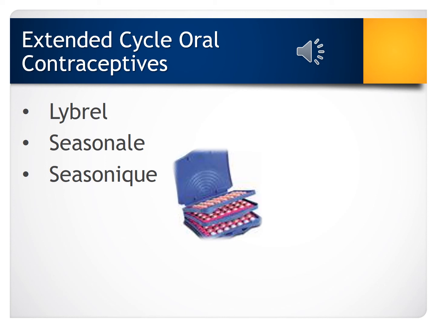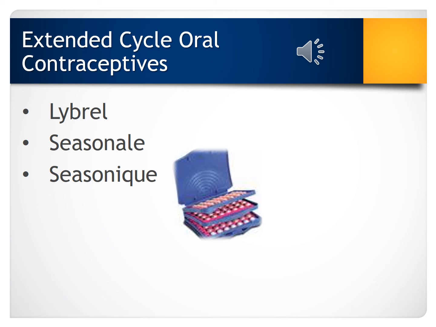Women who are candidates for this type of pill are women with endometriosis, who tend to have painful menses, women who have any other medical condition that is aggravated by their menses, like PMS or PMDD, and then women who just desire fewer menses a year.